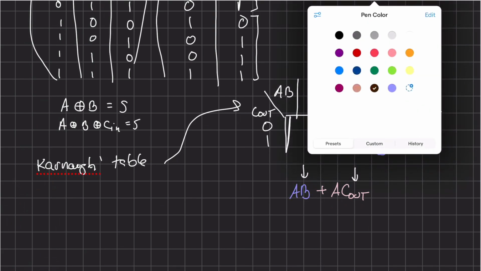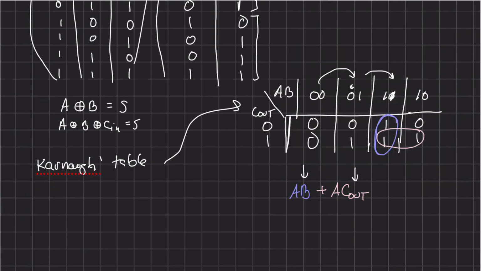Let's change this color to orange. If I only take this one, now I need to tell how I can be sure that A is 0, B is 1, and Cout, sorry, Cout is 1. So this adds a little bit of complexity for no reason.